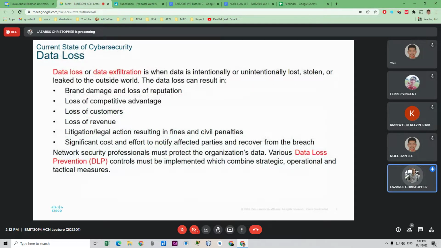So data loss. What do you mean by data loss? Literally, it could be loss of data if you don't have backup. You lose your data, and sometimes when you lose your data, you lose your business. Can you imagine a bank that has credit card customers and the transaction information is lost? How are they ever going to collect back the payment?